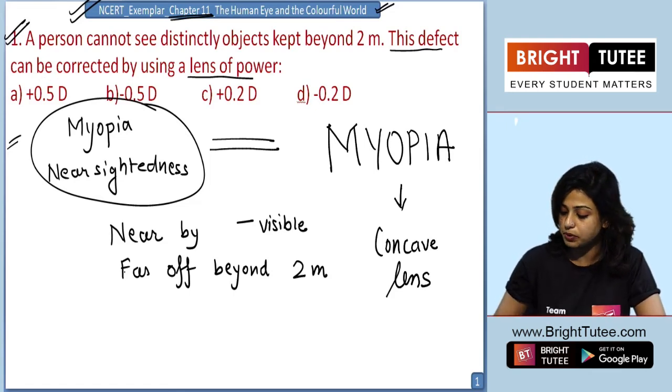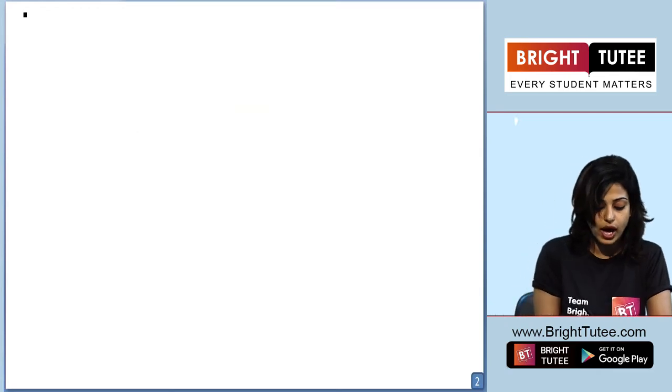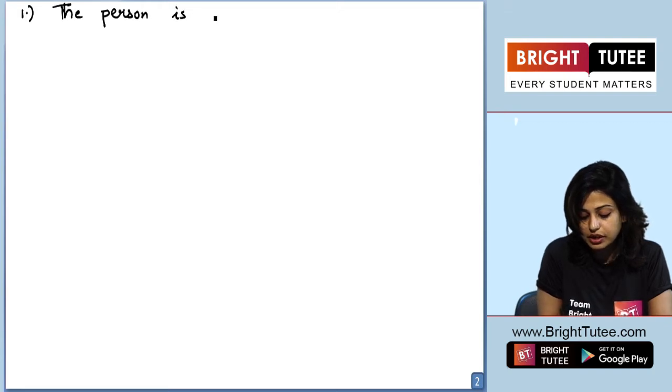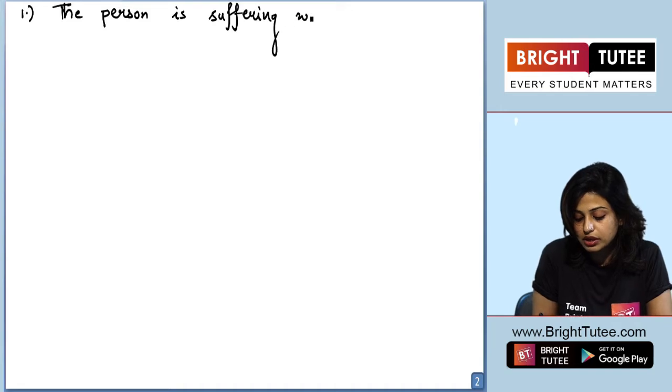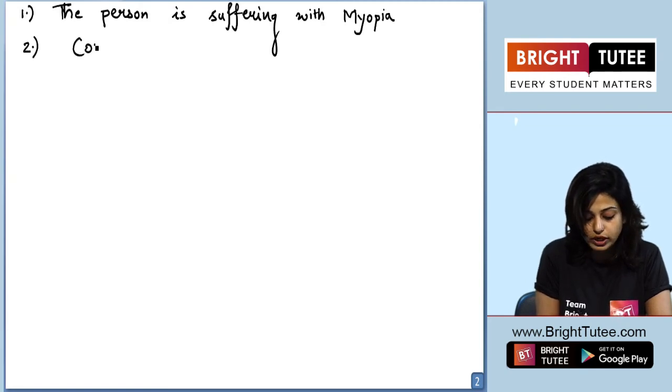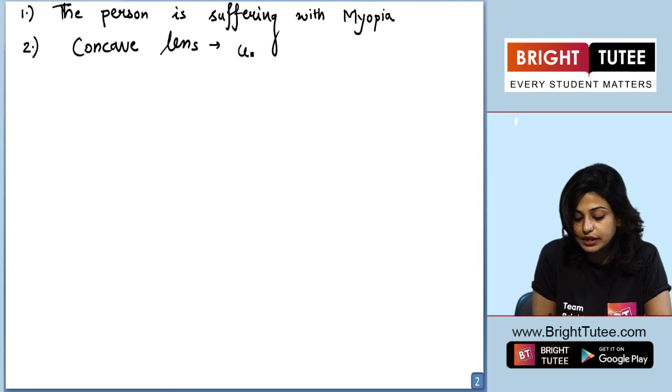Now to solve this problem students, number 1, we know that the person is suffering with myopia. Right students? Number 1 is done. Number 2, we know what kind of lens he will be using. Concave lens to correct the defect.